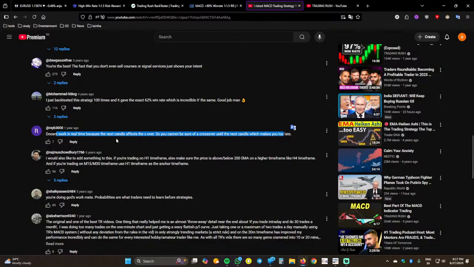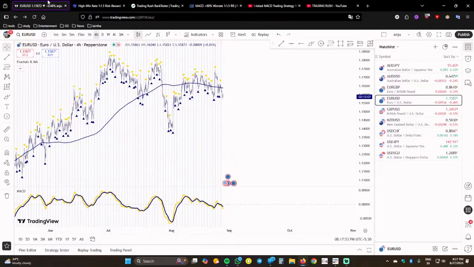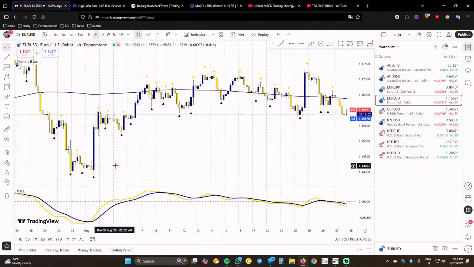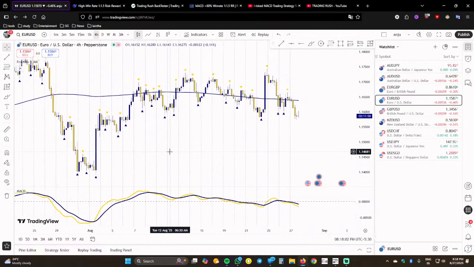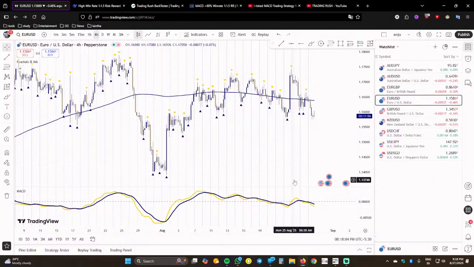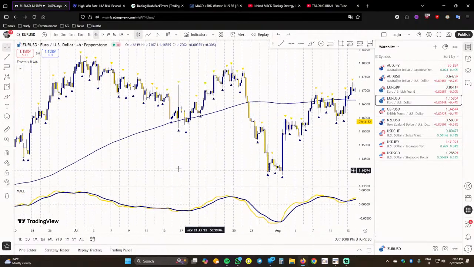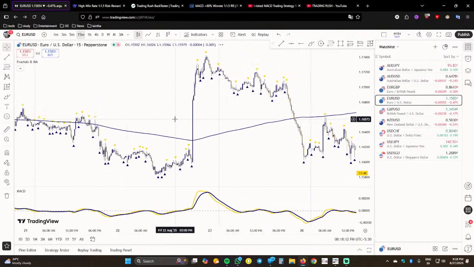So this person is concerned because he thinks the next candle will be the deciding factor. So what he means is, let us consider a trade. There are no valid trades here. Let's go down to a lower time frame.